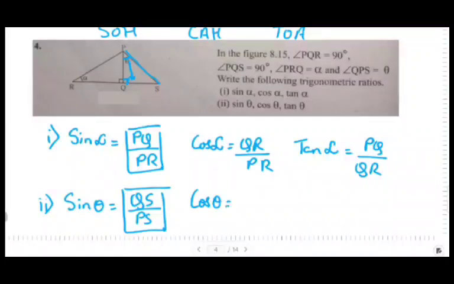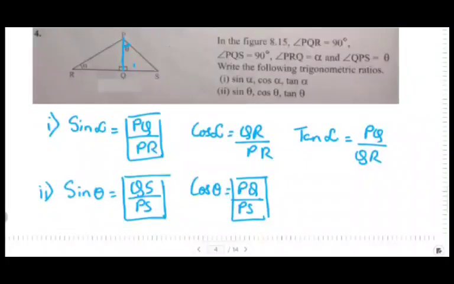Cos theta, adjacent, which is this, PQ upon PS, which is the hypotenuse, and tan theta, which is equal to opposite, which is QS upon adjacent, which is PQ.